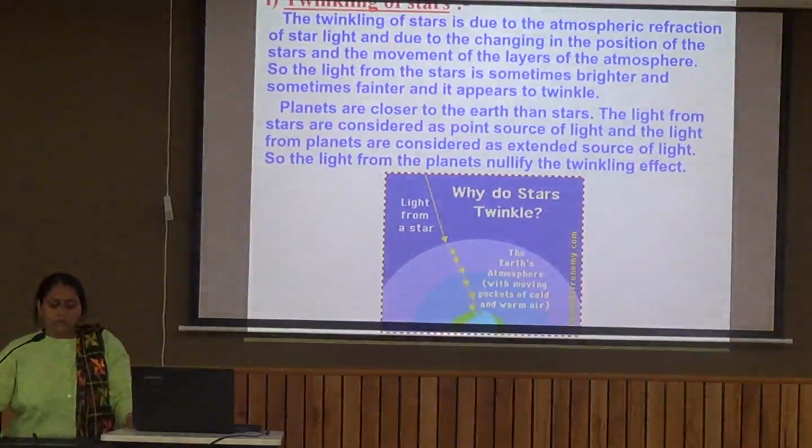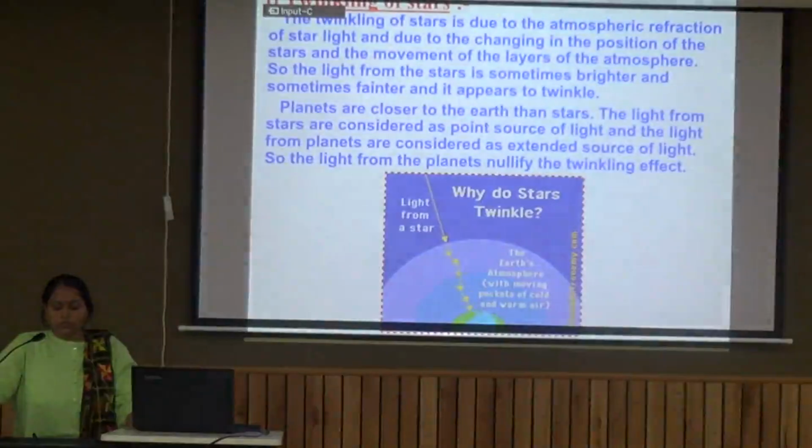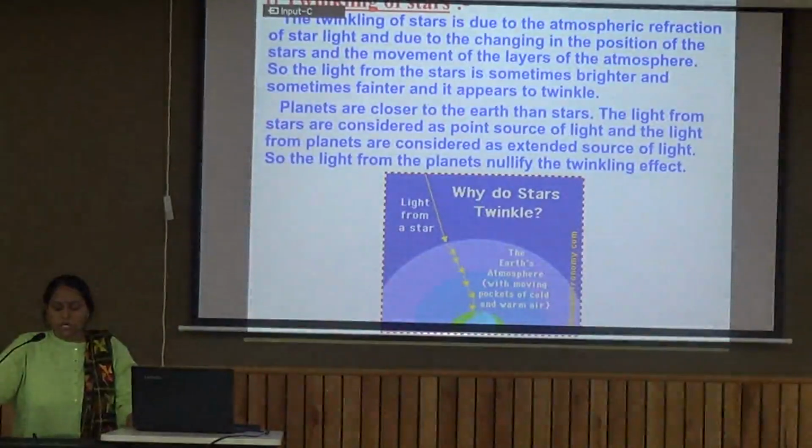Twinkling of the star. The twinkling of the star is due to the atmospheric refraction of starlight, and due to the change in the position of the star and the movement of the layers of the atmosphere. So the light from the star is sometimes brighter and sometimes fainter, and it appears to twinkle.